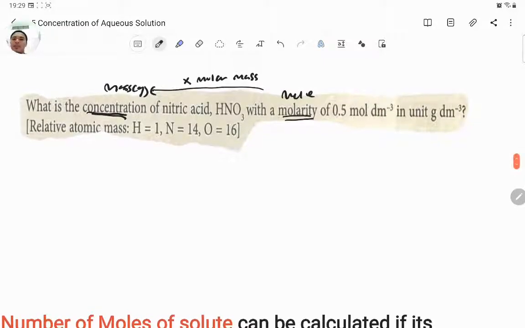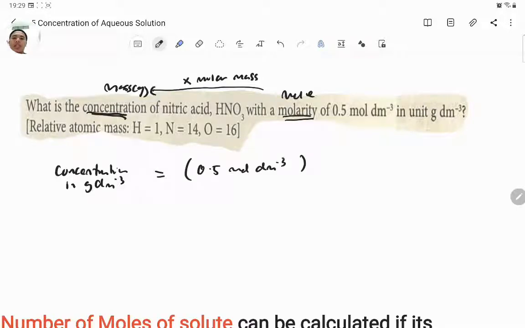Right? So concentration in gram dm cube equal to 0.5 mol dm cube. Right? Our molarity. Times with our molar mass. Right?